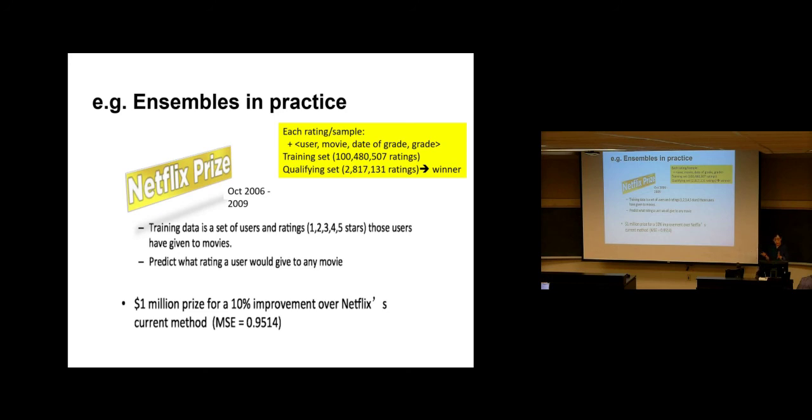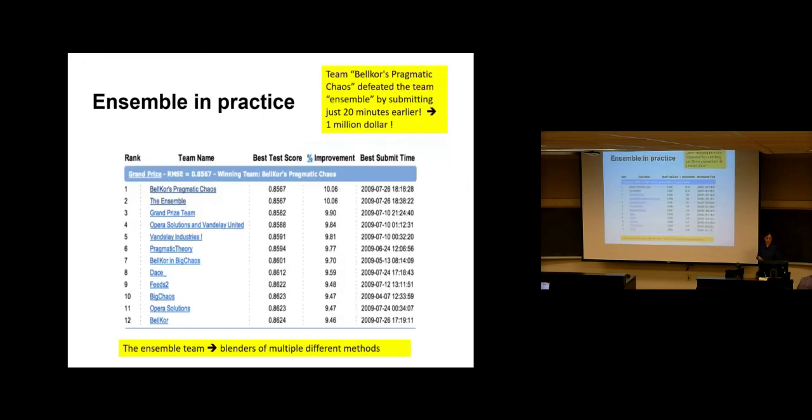So people on the leaderboard tried really, really hard. And who is the first? It's not who is the best, it's who is the first to reach that 10% improvement. It's actually a funny story. The first group, I think from Intel, called BellKor's Pragmatic Chaos, used a matrix decomposition based idea.